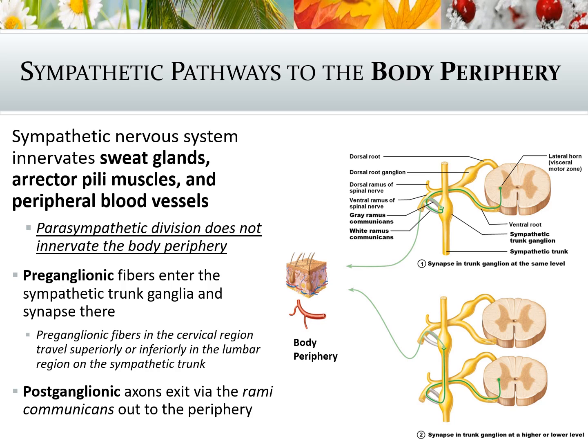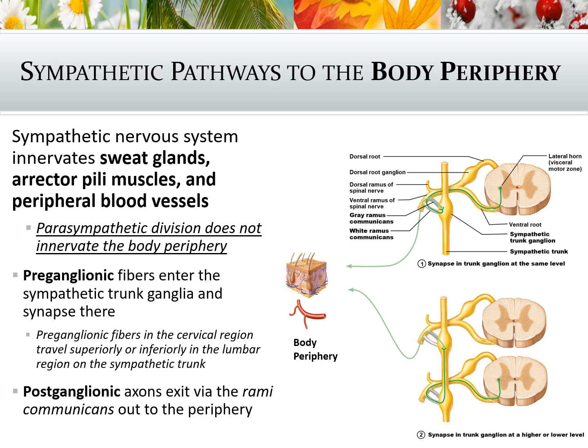Our preganglionic fibers are going to enter that sympathetic trunk and either synapse at the ganglion that's right there at the exit, or say it's in the head region or in the lower body, we're going to ascend or descend that sympathetic trunk before we synapse.